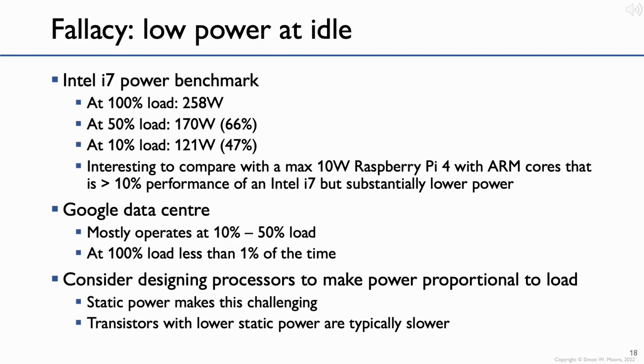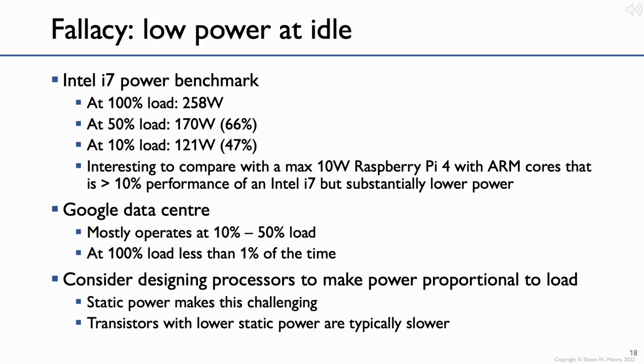And at only 10% load, the power's come down a bit. It's down to 121 watts, but that's still only just slightly less than half the power of running it at full load. It's quite interesting to compare that against something like a Raspberry Pi 4, which has some ARM RISC processors on it that are designed with power efficiency in mind.